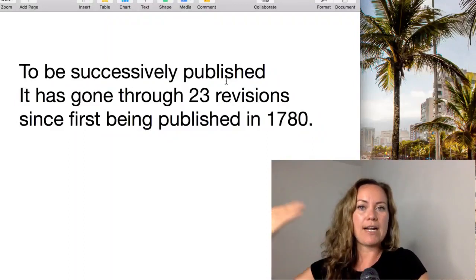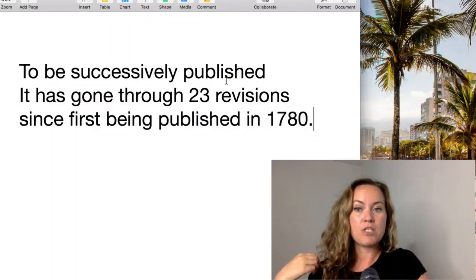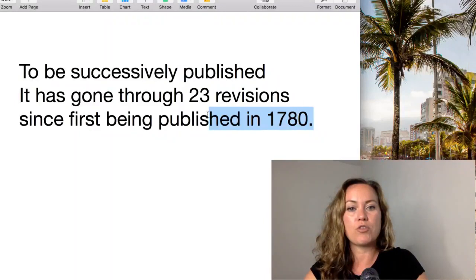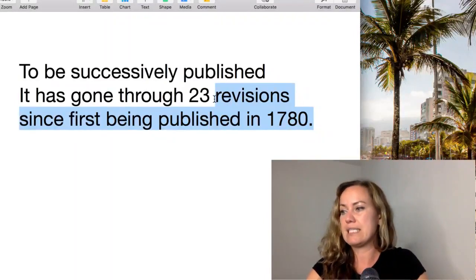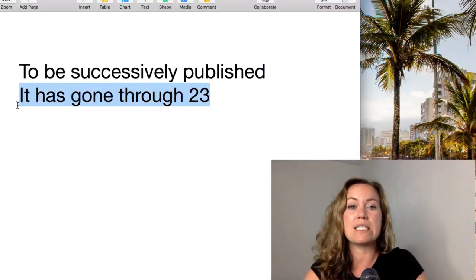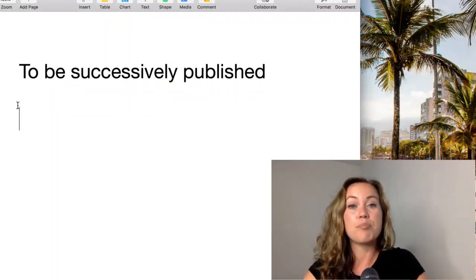So, upgrading or updating means to go through changes, to go through upgrades or to go through updates or to go through revisions, as this example says. If you're writing a paper, a thesis, a report, it might go through updates or changes.